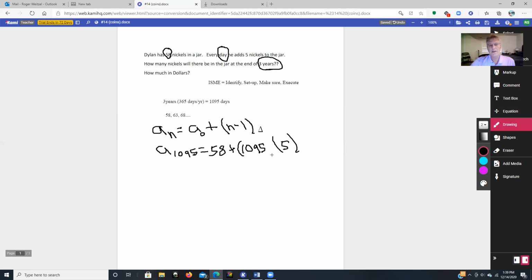This was the number of days minus 1 multiplied by the delta, which is 5. So this is going to be equal to 58 plus 1094 times 5. So that's 1094 times 5.